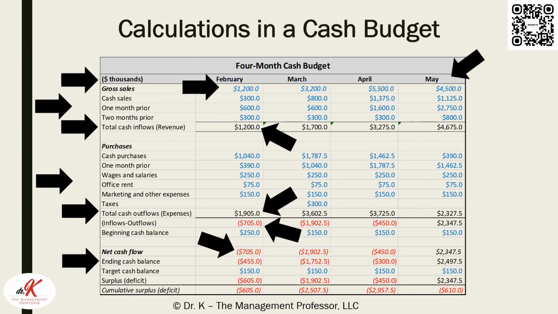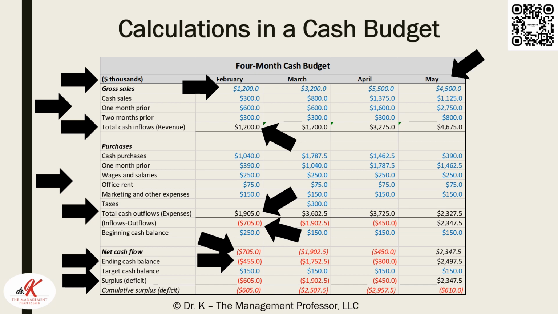The ending cash balance is your beginning cash balance plus your net cash flow. In February, the ending cash balance is your beginning cash balance of $250,000 plus the shortfall of $700,000, which equals a shortfall of $455,000.